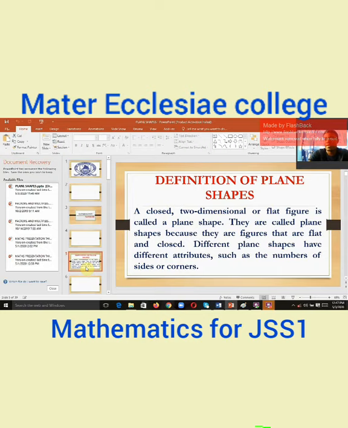Now, what are corners? Let me put it in a layman's definition: a corner is the point where 2 lines meet. That point where they meet is referred to as a corner. Another word for it is vertex. A vertex is the point where 2 lines meet or where 2 sides meet.